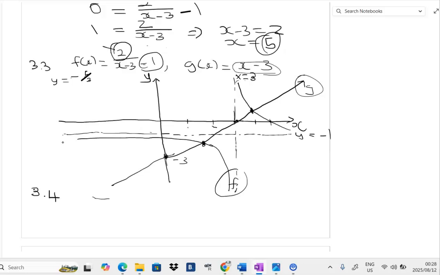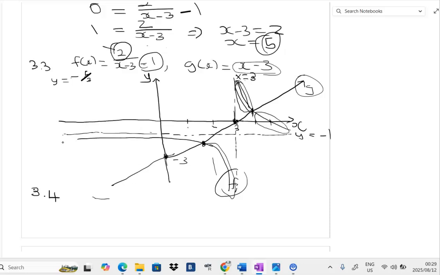Then f is greater than g of x at this part only, because here it is less than, and also here it is less than. Another important thing is we're looking for the values of x for which x is greater than 3. 3 is here. So here is the only part where it is greater. We need to look for this point so that we know it's not going to touch the asymptote.